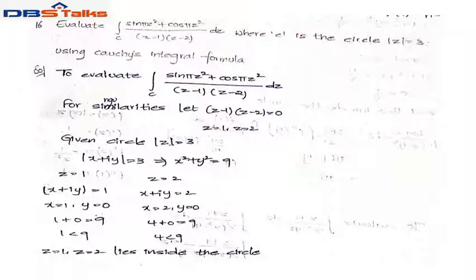Substituting these values in the circle equation, we get 1 less than 9. The second singularity is z equal to 2, so x plus iy equal to 2. Here comparing real and imaginary parts, we get x equal to 2 and y equal to 0. Substituting in the circle equation, we get 4 less than 9. So, z equal to 1 and z equal to 2, the two singularities lie inside the circle.